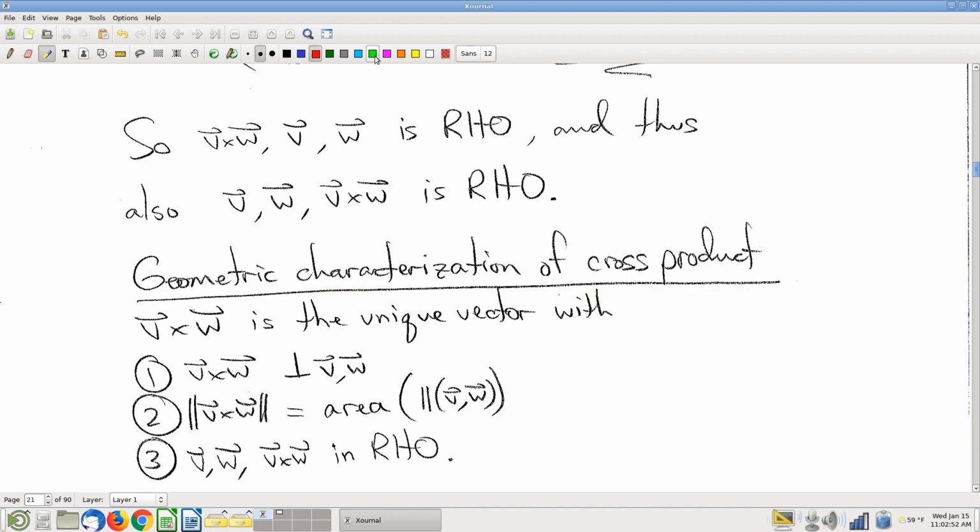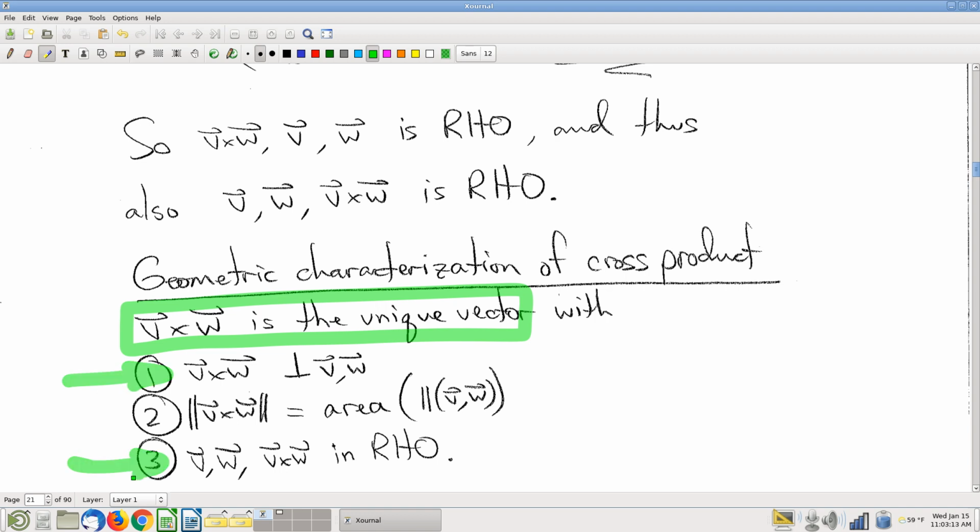By the way, it wouldn't have made sense at the time, but we could have started our discussion of the cross product with the following as a definition: that the cross product of two vectors is the unique vector that has these three properties. That it's got to be perpendicular to the two input vectors, following the right-hand rule, and with magnitude equal to the area of the parallelogram.